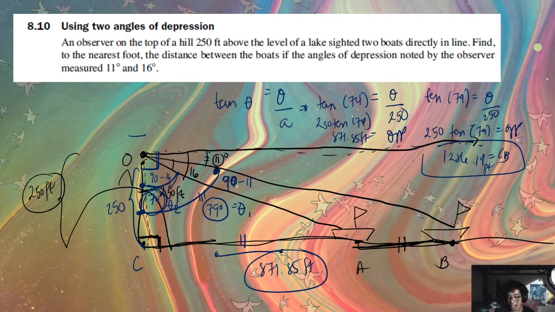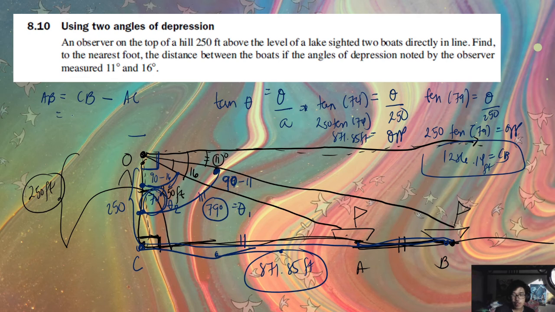To find AB, we simply have to subtract AC from CB. So AB is equal to CB, this big line at the bottom, the distance between the foot of the hill to the second boat, minus AC, the one that we solved a while ago.